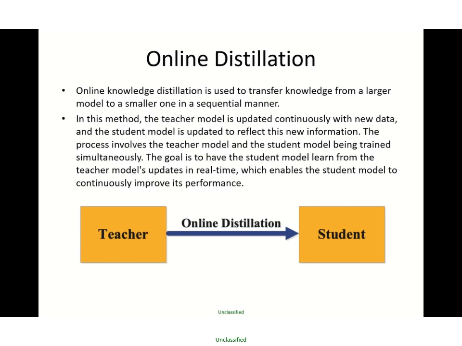The teacher model then uses this feedback to adjust its parameters, and then uses adjusted parameters as new inputs to output new predictions. And one of the main advantages of online knowledge distillation is it has the ability to handle non-stationary or streaming data. This particularly is useful in applications that capture real-time data.